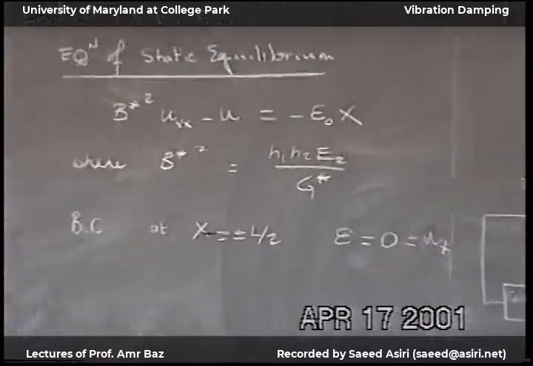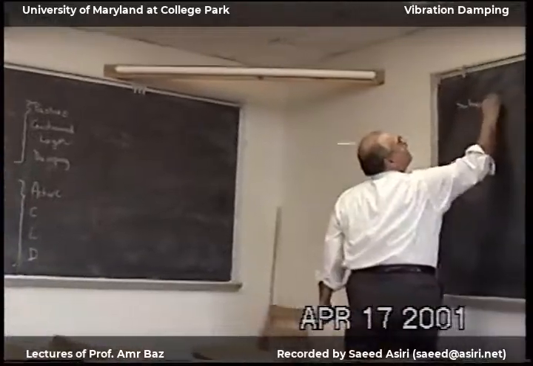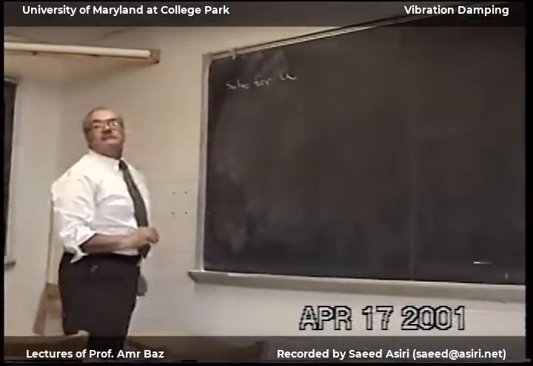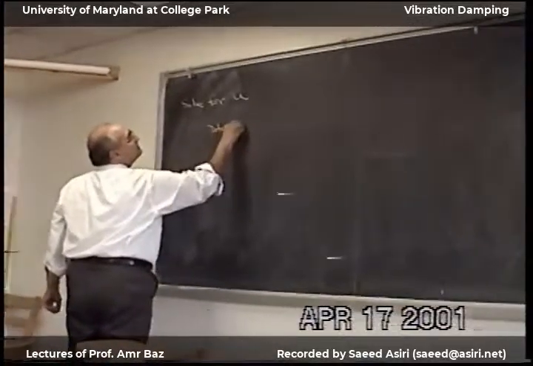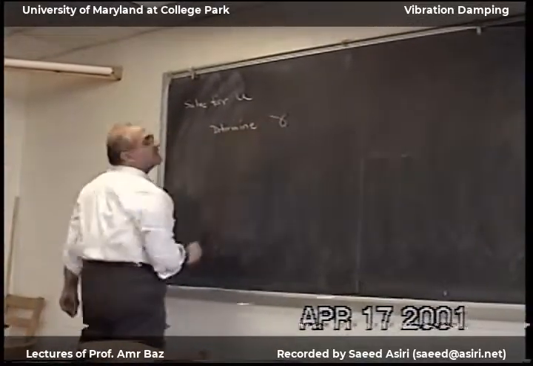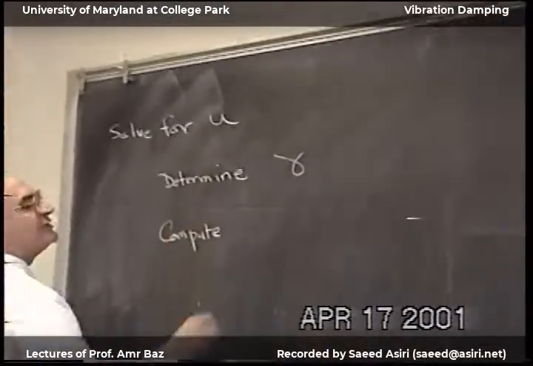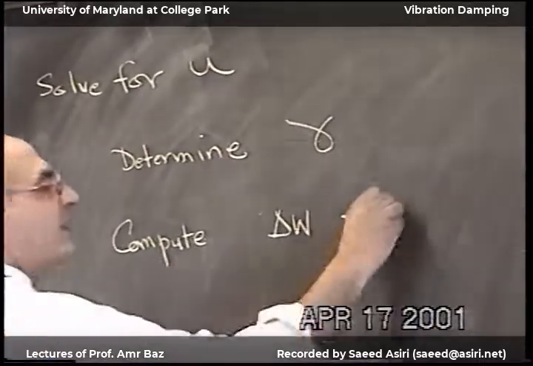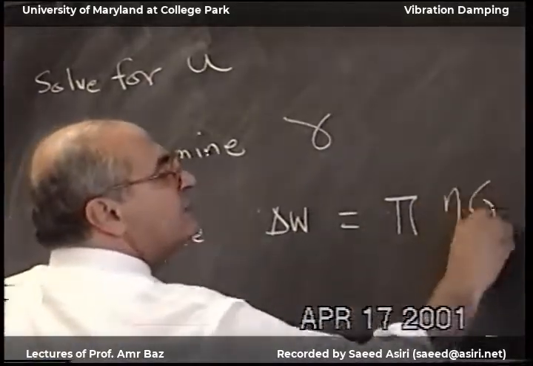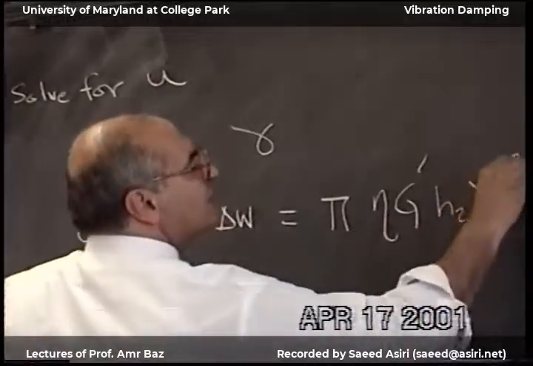So for the first case, we solve for U, and then determine gamma, and then compute the energy dissipation. And if you remember, this was equal to pi eta J prime H2 gamma squared.